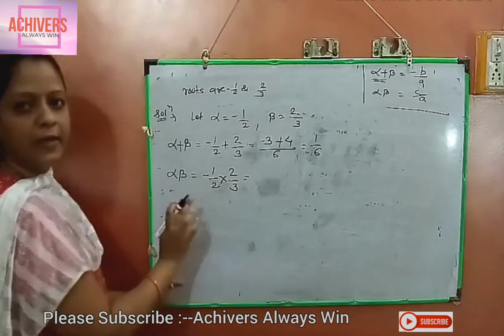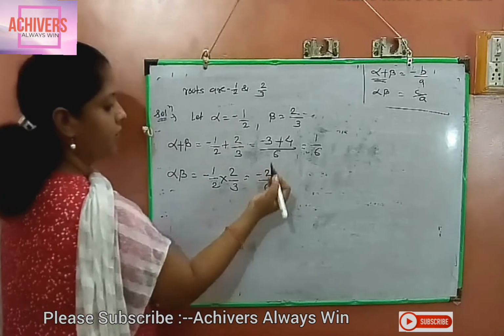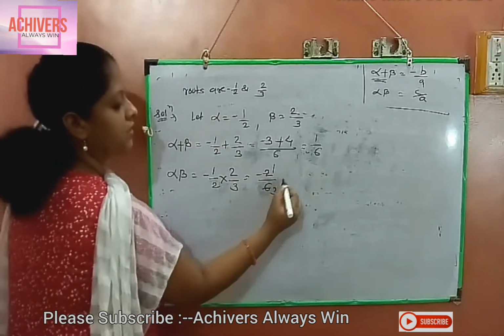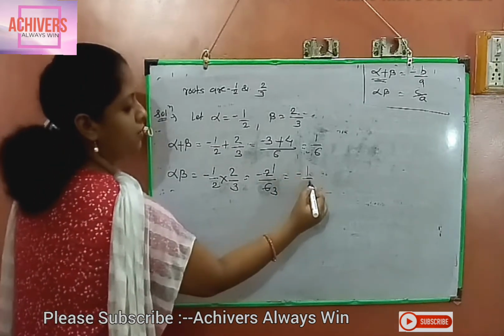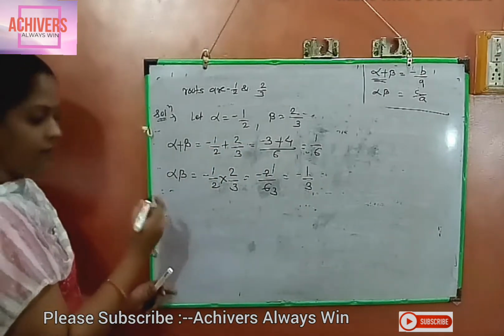Then we take the front multiplication. 2 ones are 2, 2 threes are 6. Here division, 2 ones are 2, 2 threes are 6. Minus 1 by 3. Then the quadratic equation, which form?